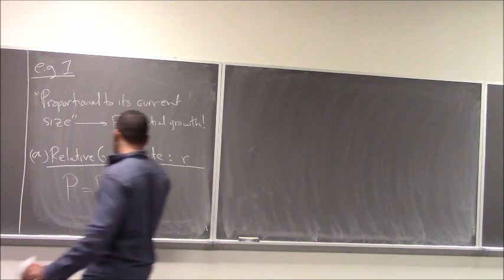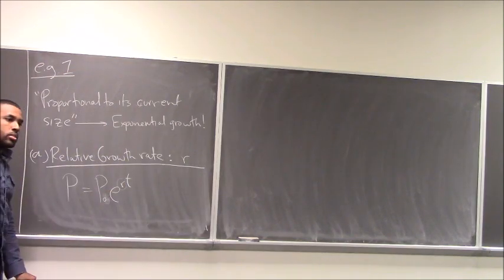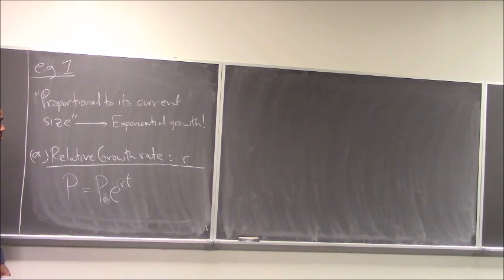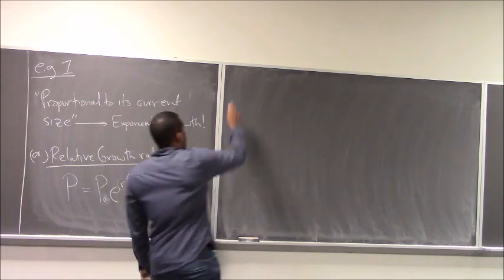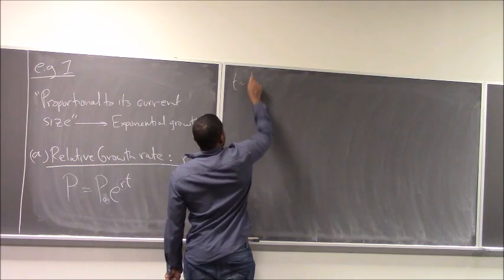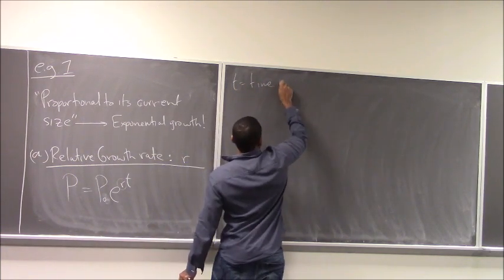I'm after this little r right here. You would set 350 equals 50 e^(5r), because it's 5 hours. And here you're saying t is time in hours. Okay, that's cool.